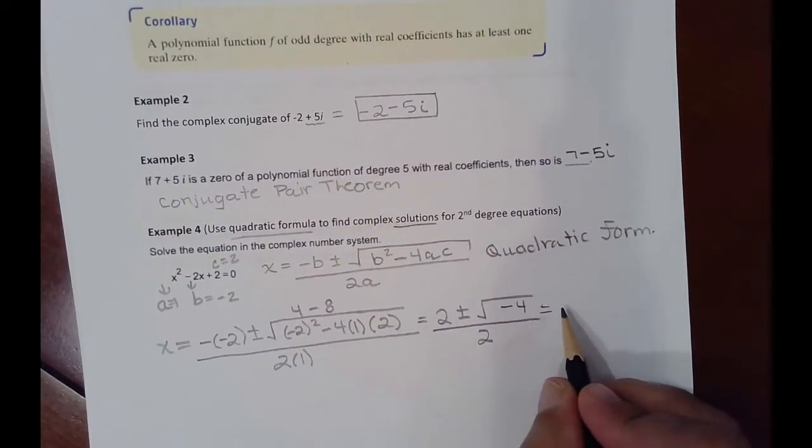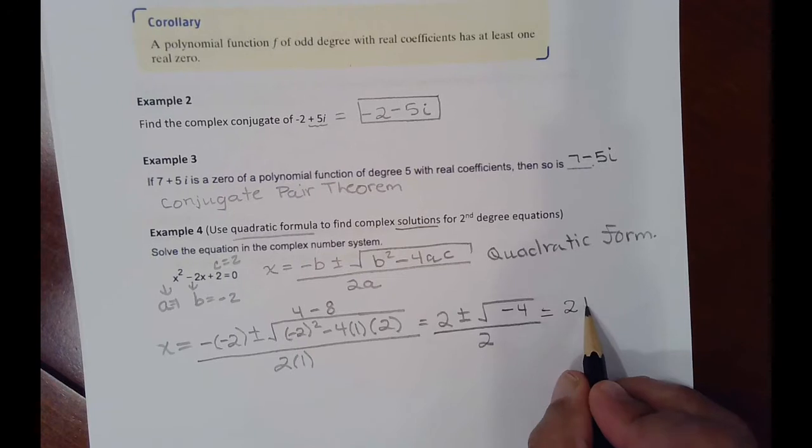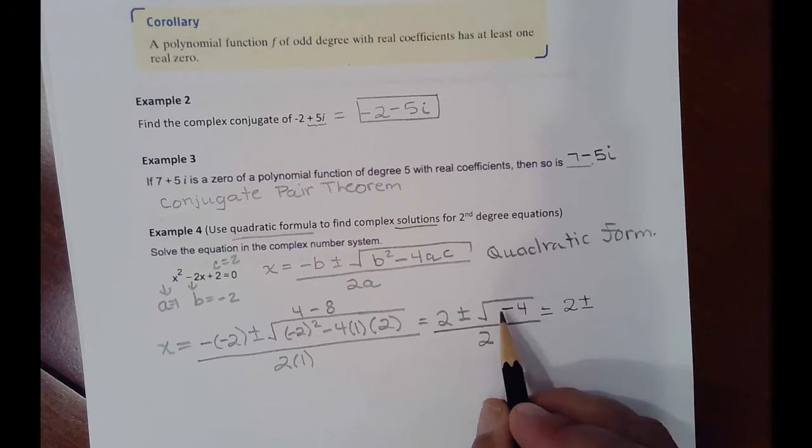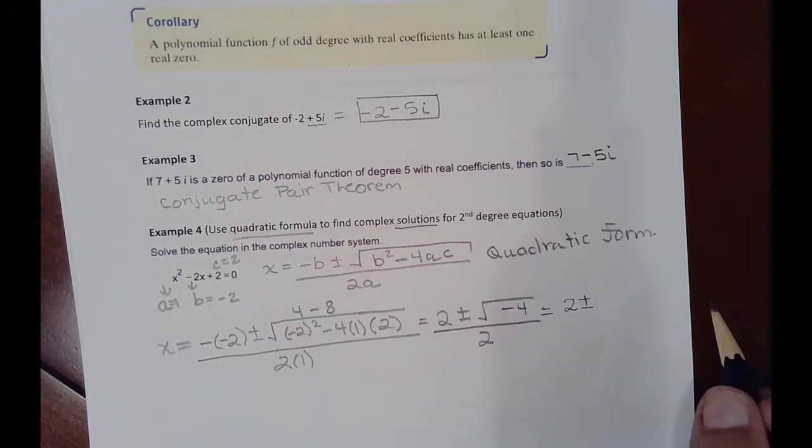And this is going to be equal to 2 plus or minus the square root of 4, which would be 2, but the square root of -4, anytime you're taking the square root of a negative, there's an i involved, and the i comes to the outside of the radical.